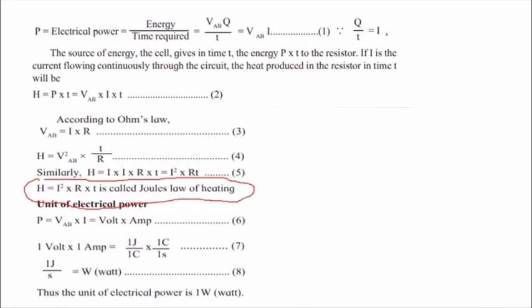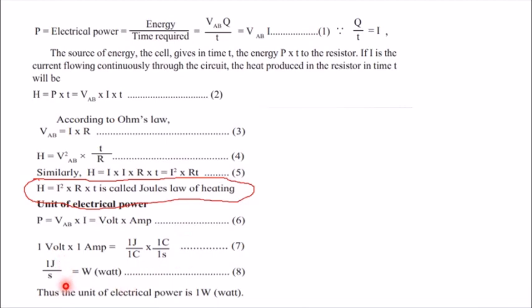Now next, what is the unit of power? So power P is equal to V into I. V, that is potential difference, is always in volt. So volt into ampere. Second, 1 volt into 1 ampere is nothing but 1 joule upon 1 coulomb into 1 coulomb upon 1 second.